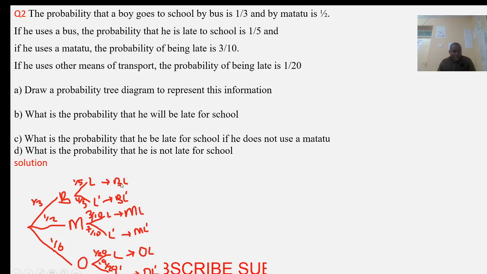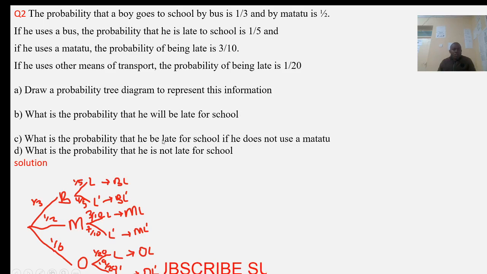It is either bus late, or matatu late, or other means late. So it will be a third times 1 over 5, plus a half times 3 over 10, plus 1 over 6 times 1 over 20. You get the probability that he will be late for school.